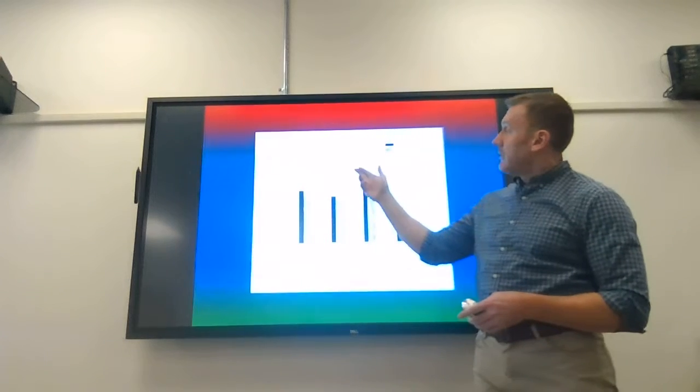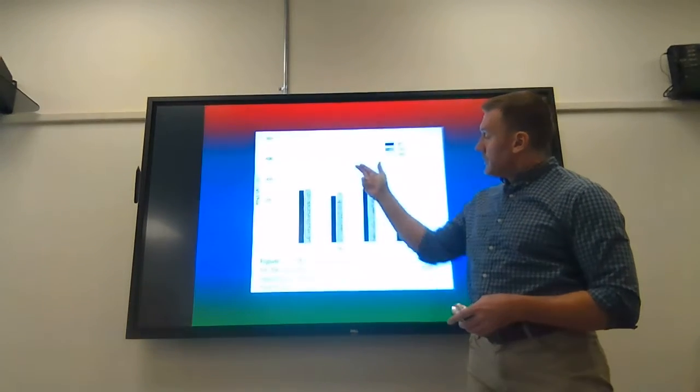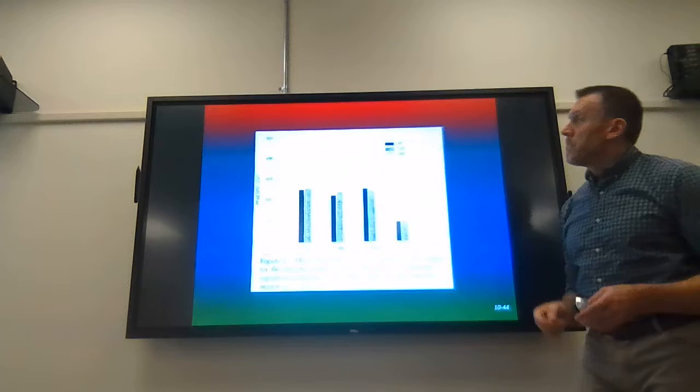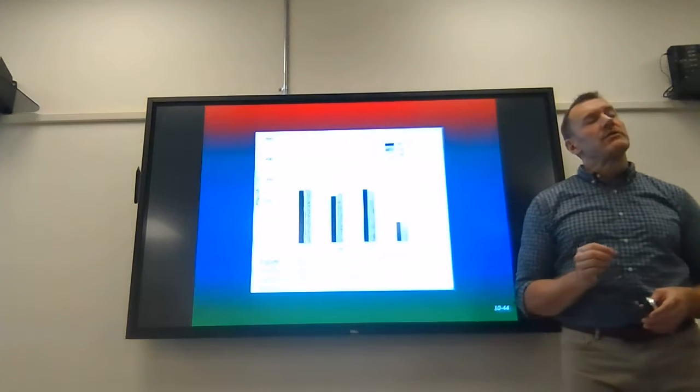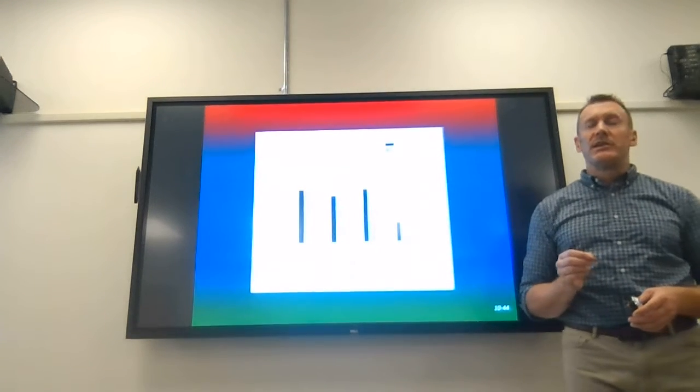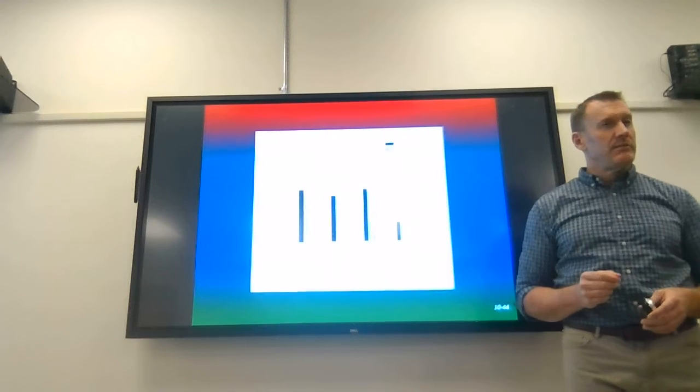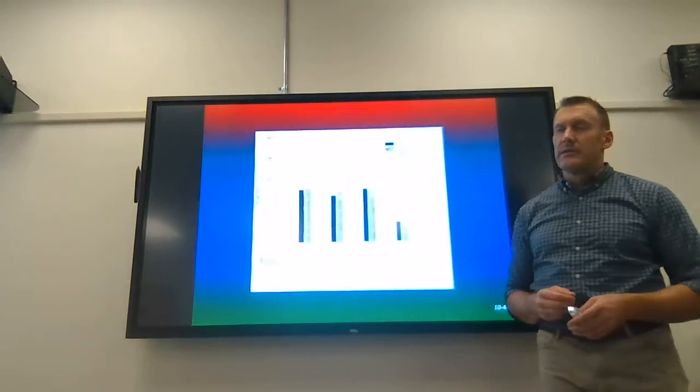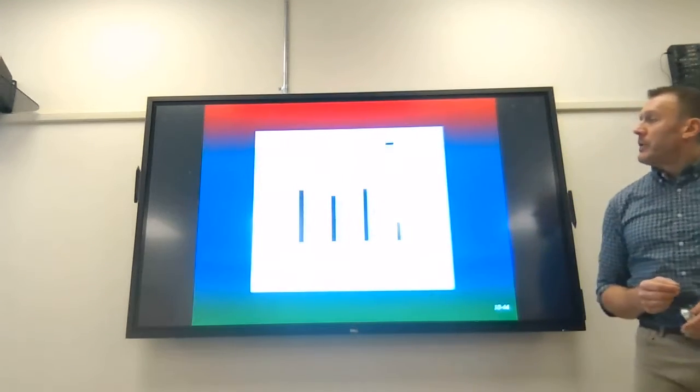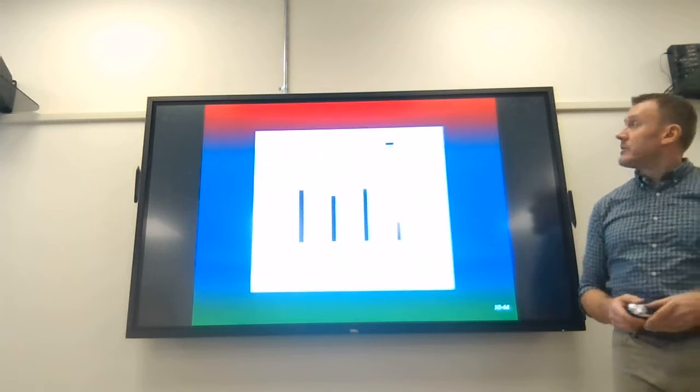You can see there the clear bars, especially for the medial gastrocnemius. I'm not sure if they had a toe out or toe in position or just a neutral position. There's probably some other research that's looked at that, but they didn't specify in this particular study.